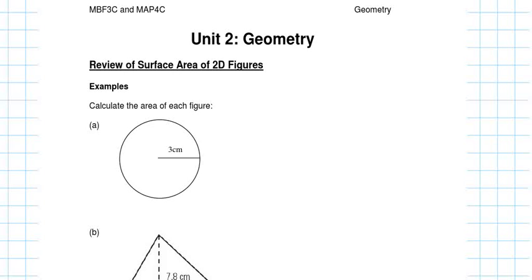Area is whatever is inside the object. What's the unit for area? Let's say it's centimeter, what would it be? Centimeter square, right? Whatever the unit is, it's unit square, okay? Remember, anything that's area, surface area, is a square unit, okay?